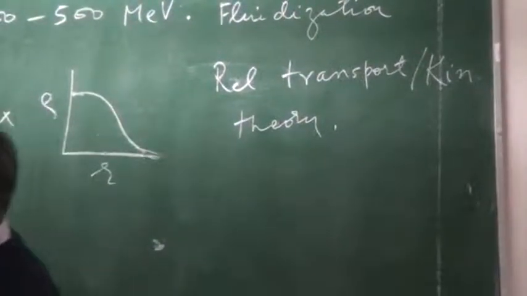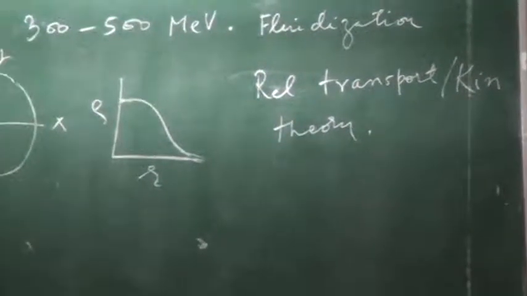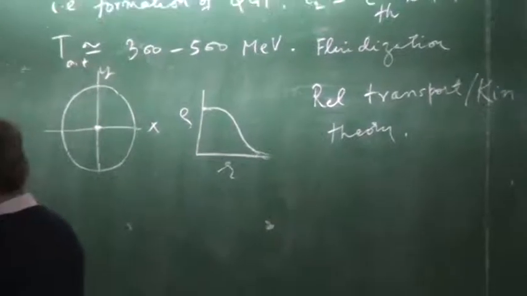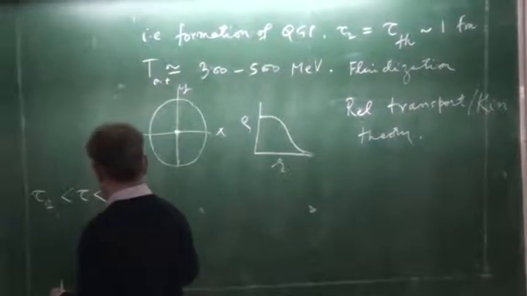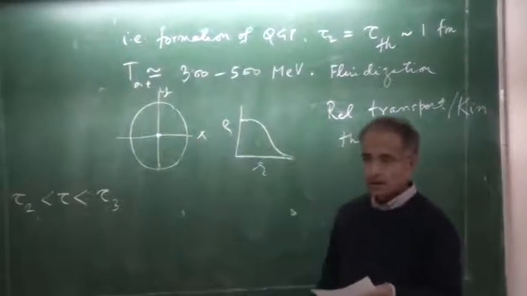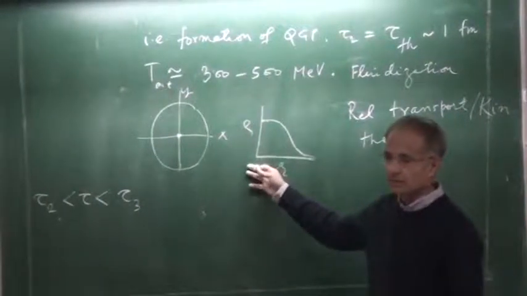Okay, so now we have gone up to tau 2. Let's go ahead. Tau 2 to tau 3. Now you are allowed to use hydrodynamics.